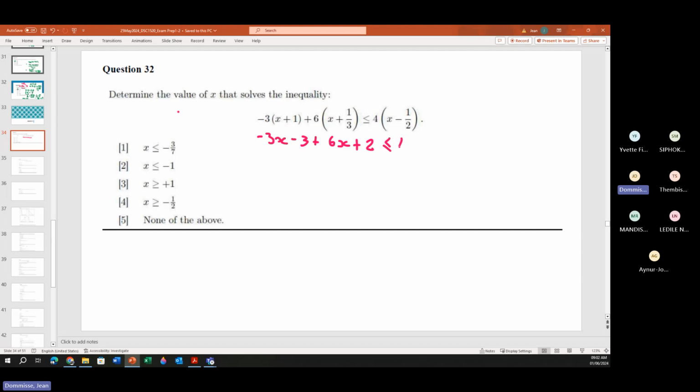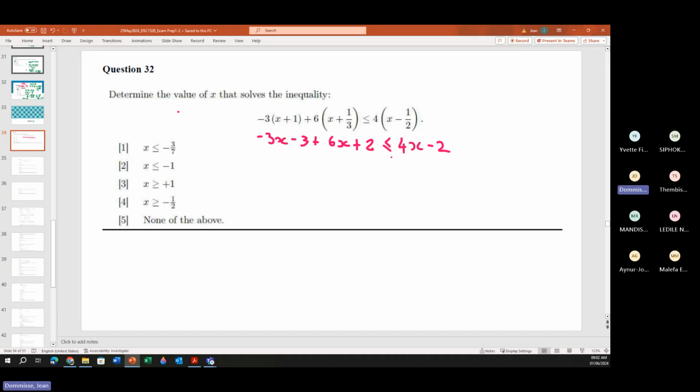Four times x is 4x, and 4 times minus 2: 4 divided by 2 is 2, so that becomes minus 2.